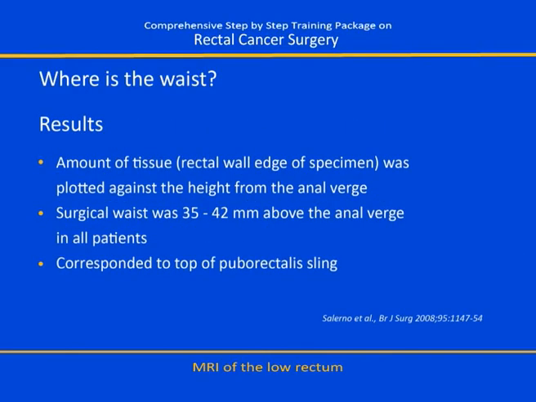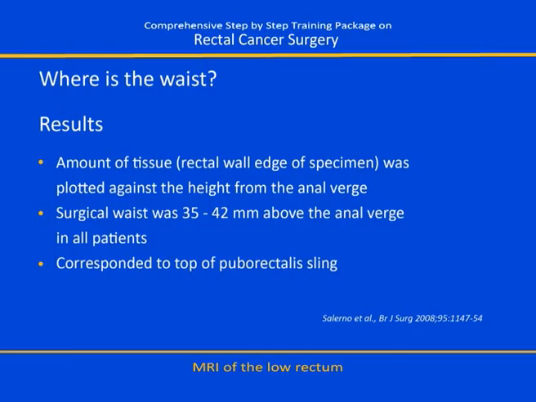So in terms of the mapping of the specimen to the imaging, what we found was that the surgical waist was consistently at a height between 35 to 42 millimetres above the anal verge in all the patients. This corresponded to the top of the puborectalis sling.